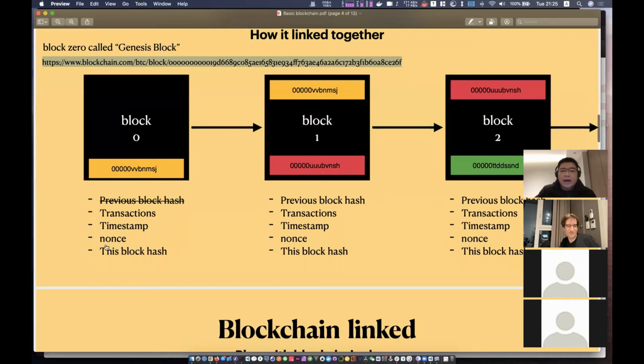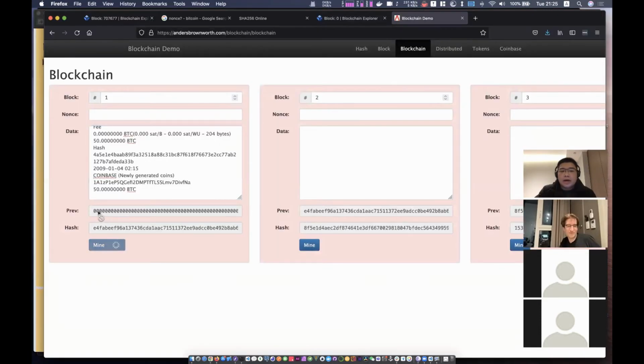That means when we click mining, there is no data for the previous hash. This is the first block. We click mining and try to find the nonce. Good, so we found the first one.